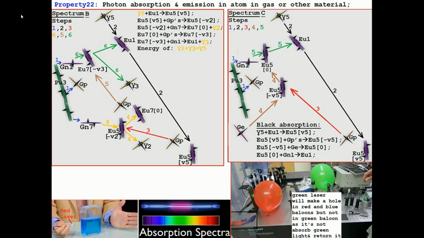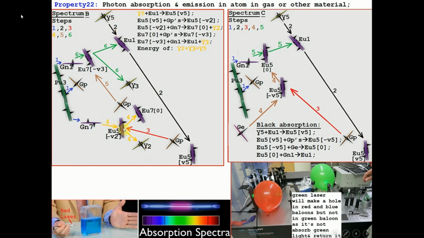And this translational velocity is an excess kinetic energy that will transform the GN1 into photon number 3. So the energy is conserved, and therefore the energy of photon 2 and the energy of photon 3 equal the energy of photon 5. So the input was 1 photon and the output was 2 different photons.